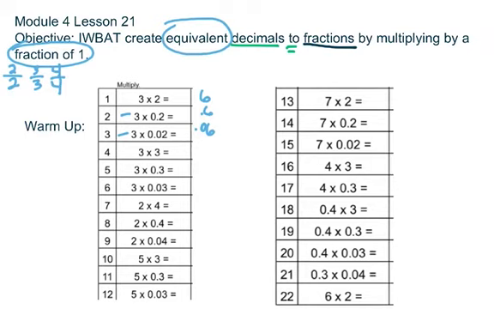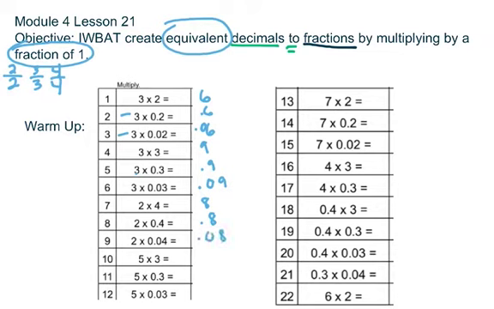It's the same pattern with 4, 5, and 6. 3 times 3 is 9, 3 times 3/10 is 9/10. 3 times 300ths is 900ths. Same pattern. 2 times 4 is 8. 2 times 4/10 is 8/10. 2 times 400ths is 800ths.